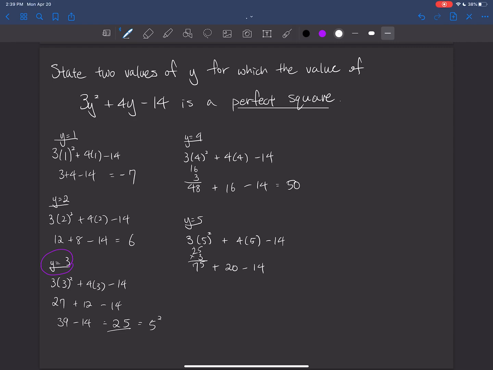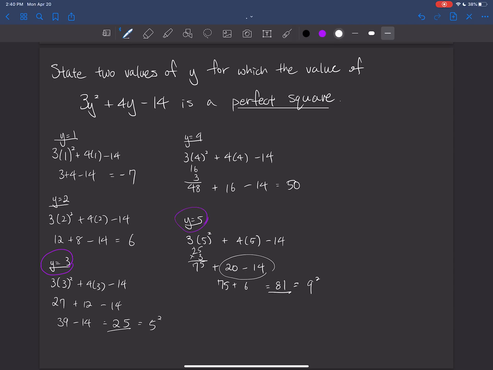Then 75 plus this together is 6, so that is 81. And that indeed is a perfect square. It's 9 squared. So we found the second value.